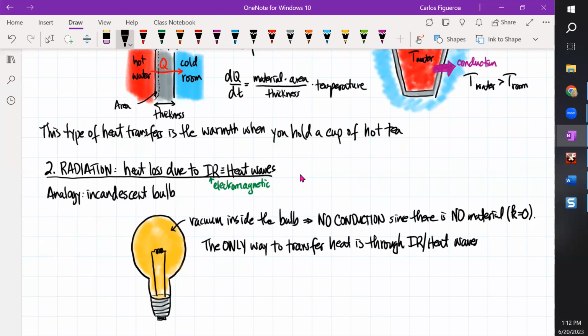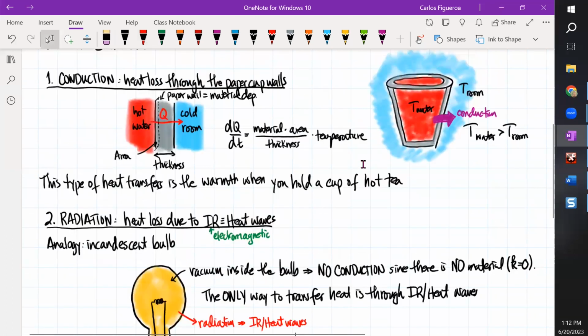So if you put your hand outside, you don't want to touch it because it gets really hot. But if you put your hand near it, not touching the glass bulb, you could still feel the heat of the bulb. And therefore, what's actually happening is that there's heat transfer here, and this is what we call radiation. This is what we call the infrared heat waves.